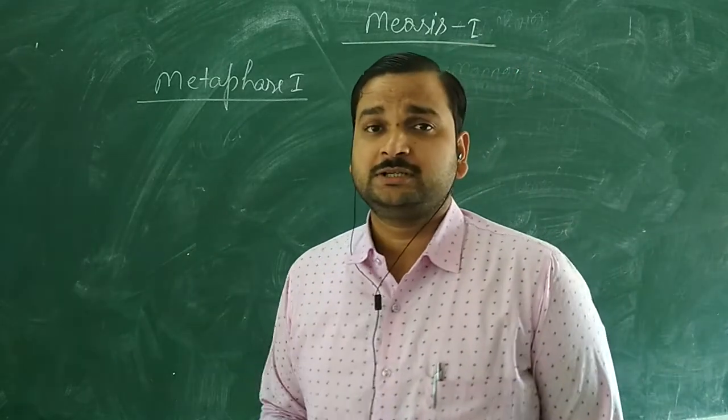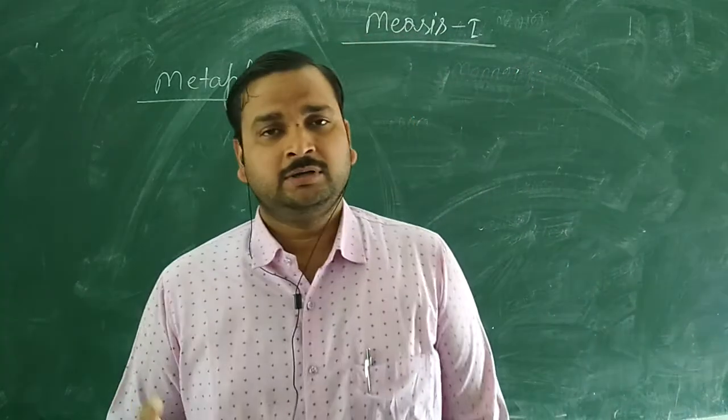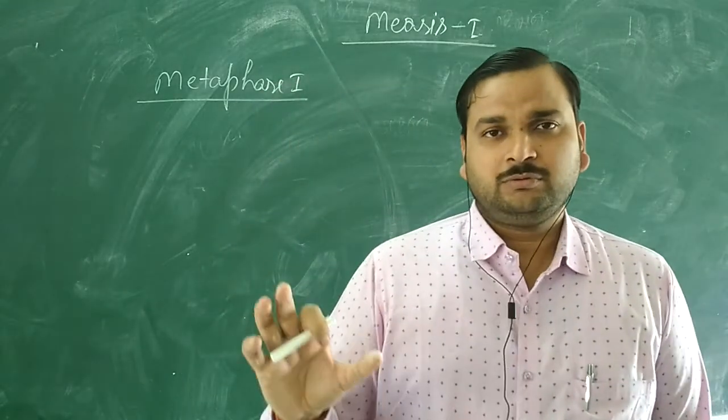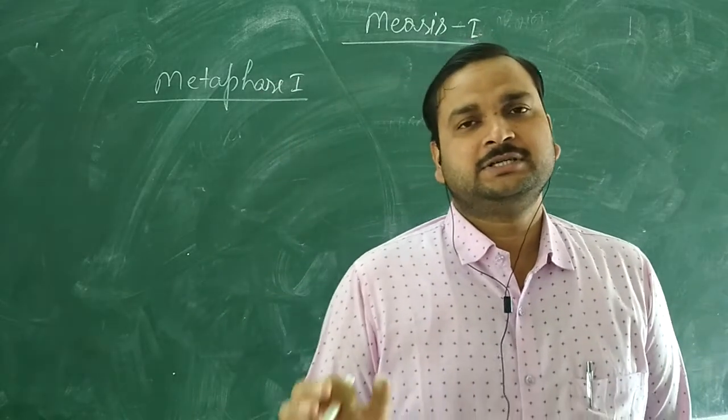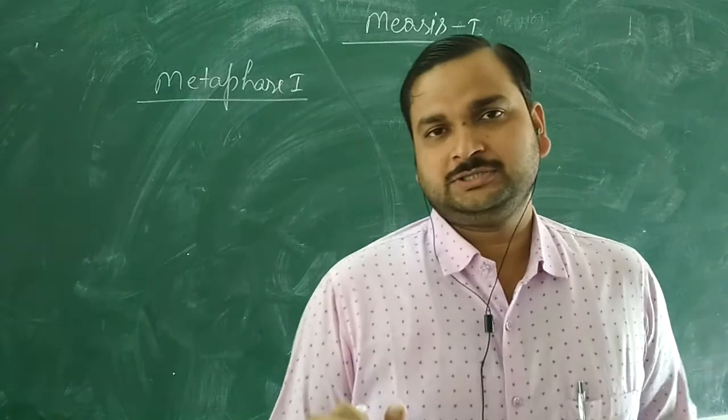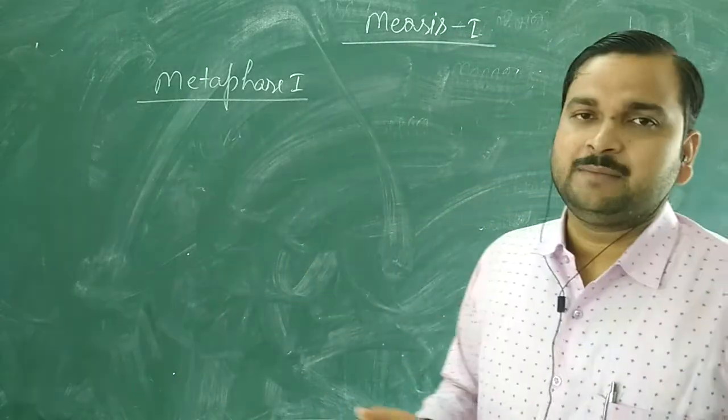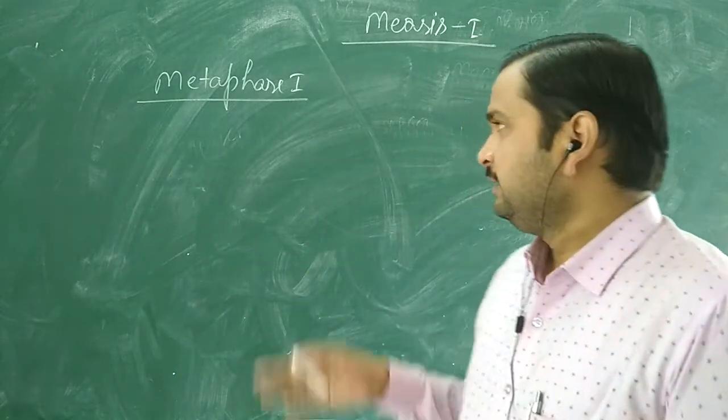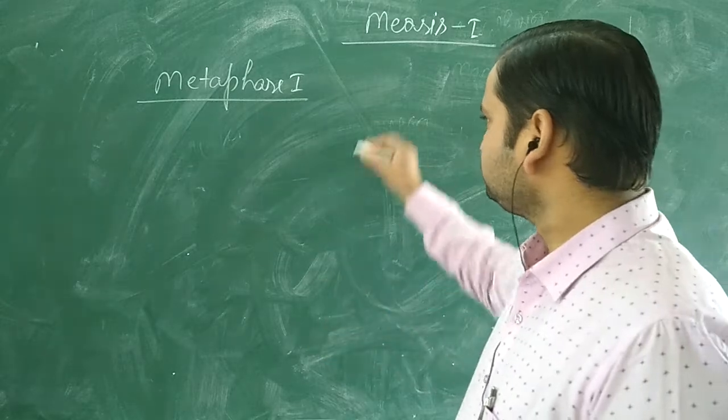So all the studies related to chromosomes, like its shape and size, all the morphological characters, are studied at the metaphase stage. But here we will see what will happen in the case of metaphase first. In metaphase first, what happened?